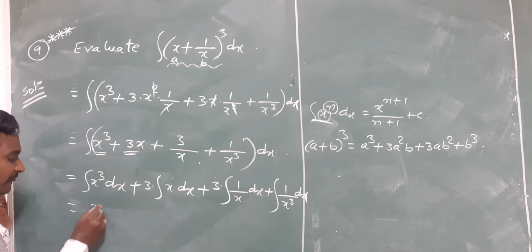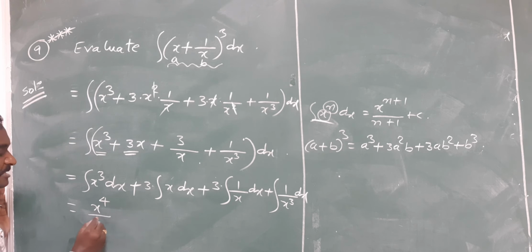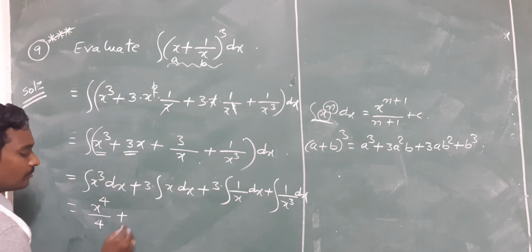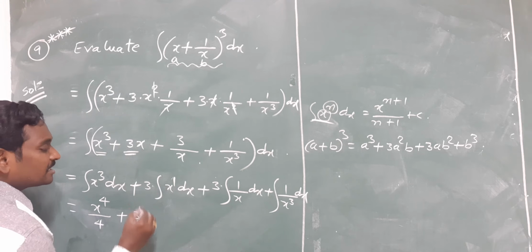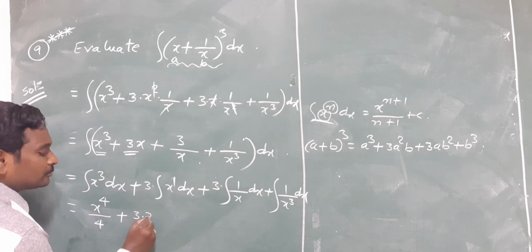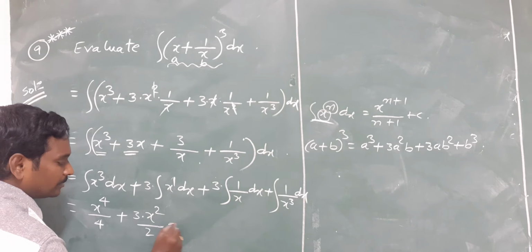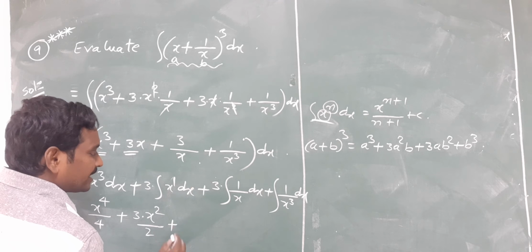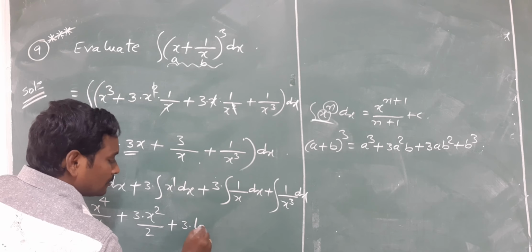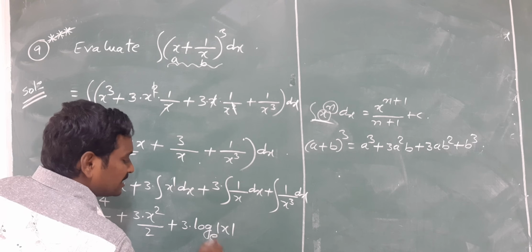It is in the form of x power n, so x power 3 plus 1 by 3 plus 1, which is x power 4 by 4, plus 3 into the integral of x dx, x square by 2, plus 3 into integral 1 by x, 3 log mod x to the base e.